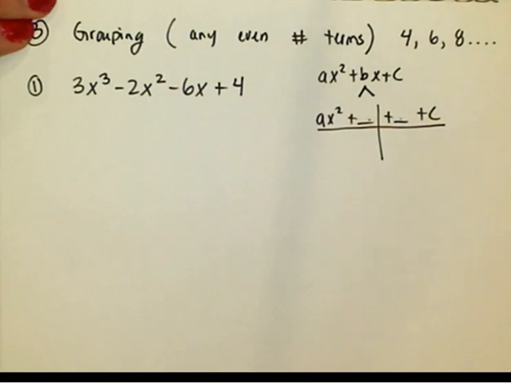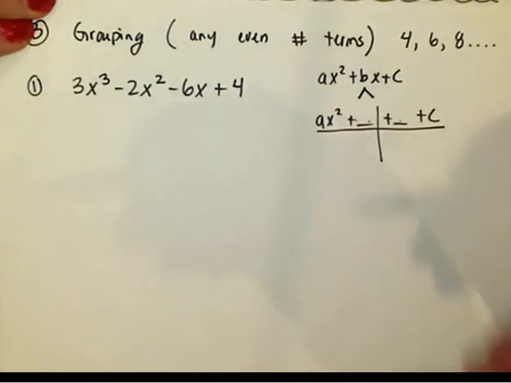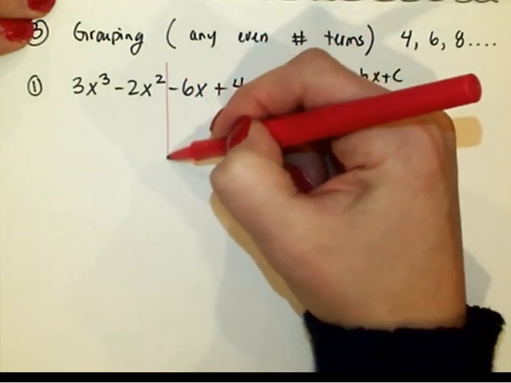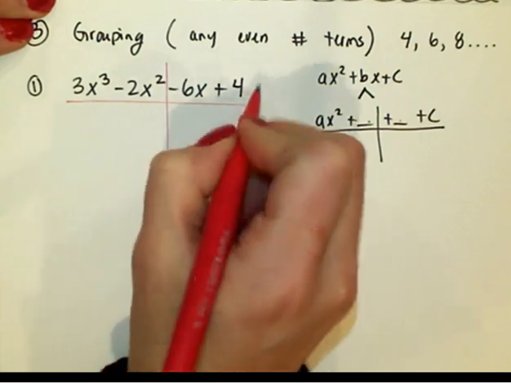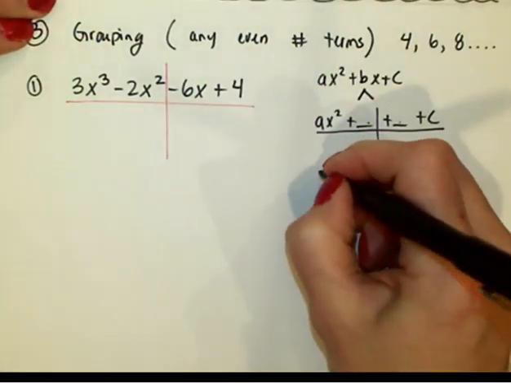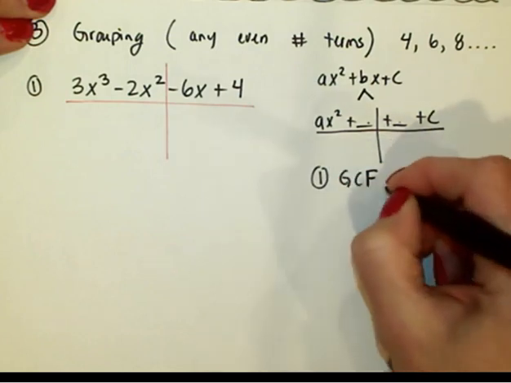In order to use grouping, you first have to have an even number of terms. You're going to split the polynomial evenly so that you have the same number of terms in each group, and then you're going to look for GCF twice.